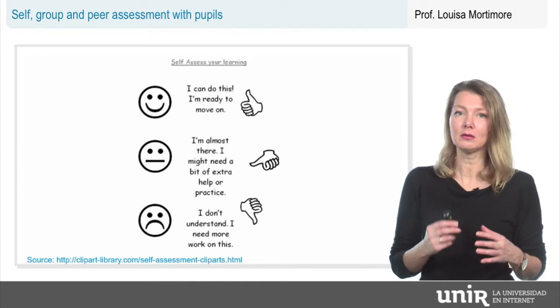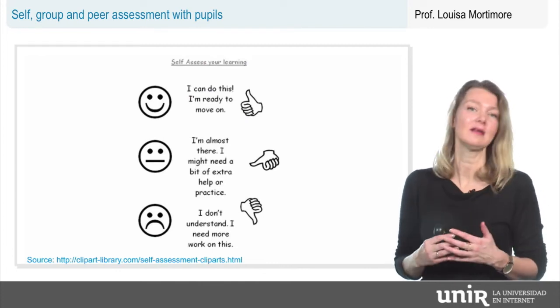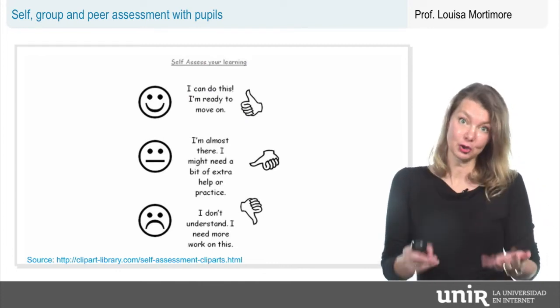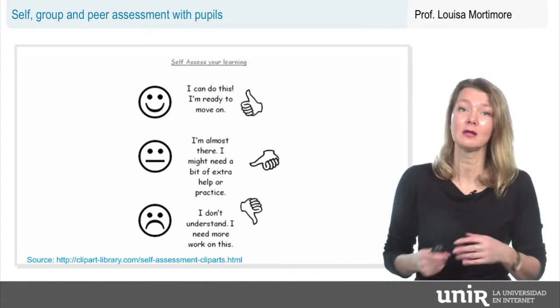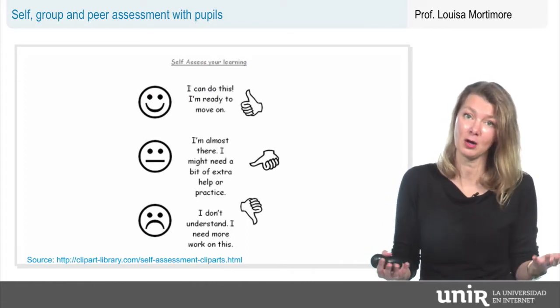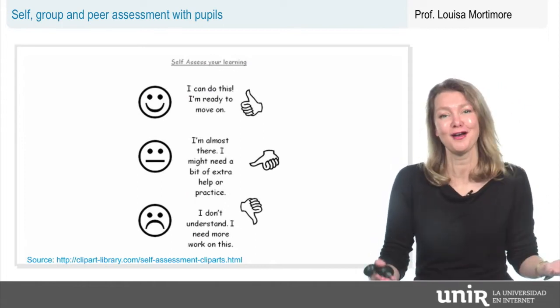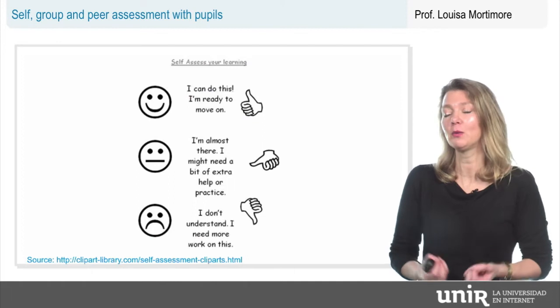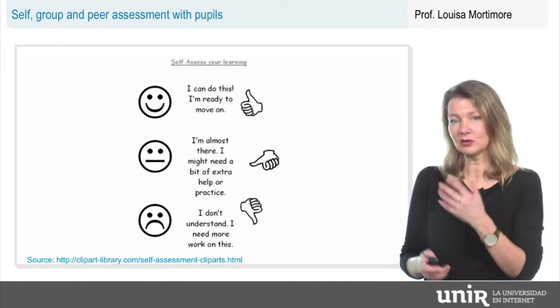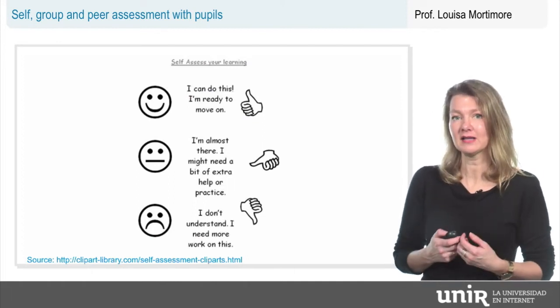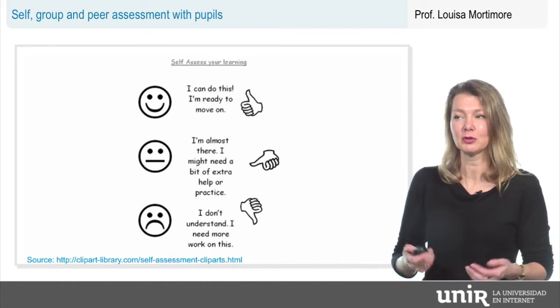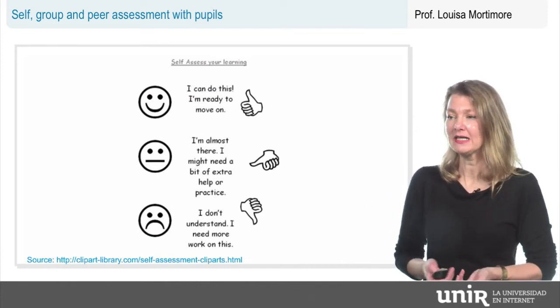So you give them a specific question, and it could be about whether they're enjoying the unit, whether they understand it, or how comfortable they are with the material, however you want to focus it. I think this is a way that young children can really understand. Everybody knows emoticons and emojis, so it's very easy to use.